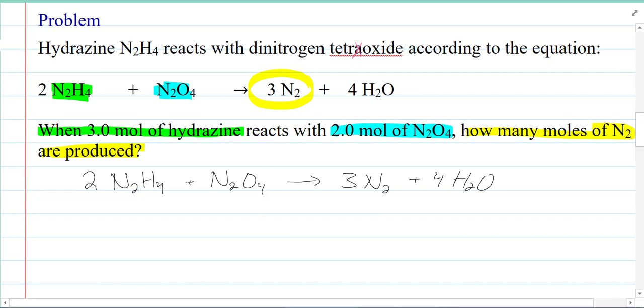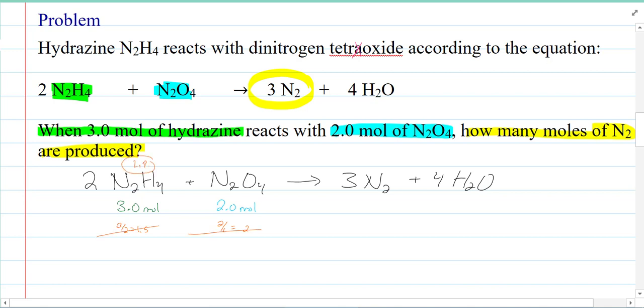We have 3.0 moles of hydrazine, and we have 2 moles of dinitrogen tetroxide. I need to find the limiting reactant. How do we do that? Well, divide by the coefficient. 3 divided by 2, 1.5. 2 divided by 1, 2, which means N2H4 looks like it's the limiting reactant.